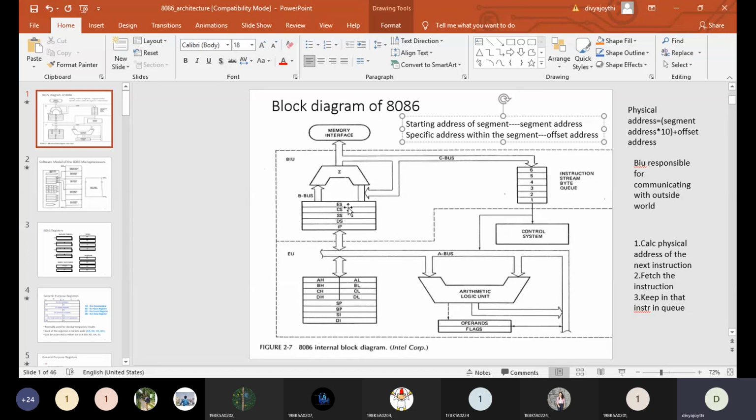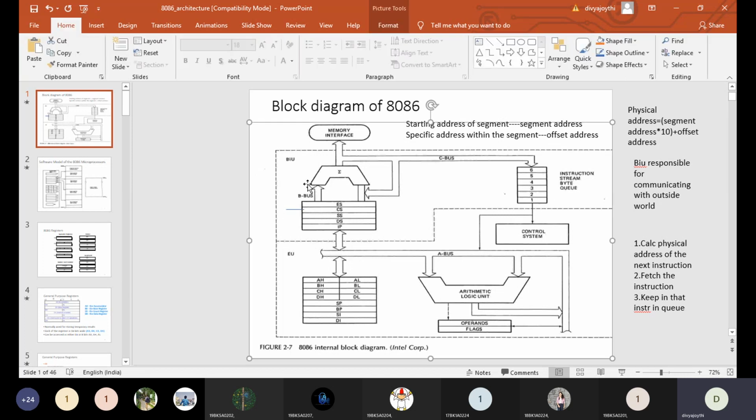Out of these 4 segment registers, extra segment, code segment, stack segment and data segment, the segment address of the instruction is given by the code segment register.